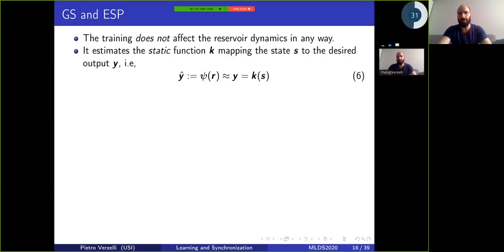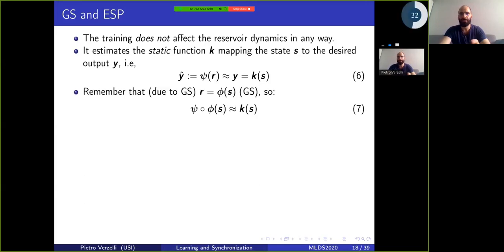But what you're doing in the training phase is estimating the static function k, which maps your unknown state to the output, right? So in equation 6, you can see that what you're trying to approximate is y, which is k of s. But due to the generalized synchronization, r is actually phi of s, because that's what we have been assuming.